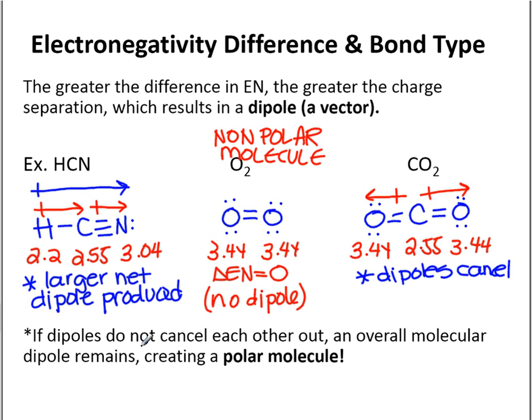So what's the difference between these two? Hydrogen cyanide and carbon dioxide both have bond dipoles, but they're different in magnitude and different in their directions. If the dipoles cancel out like we see here, then we also get a case where we have a nonpolar molecule.